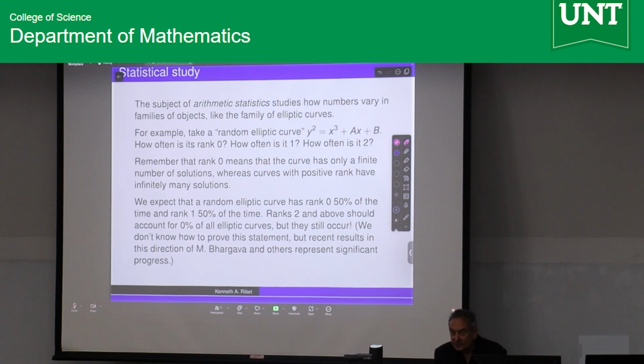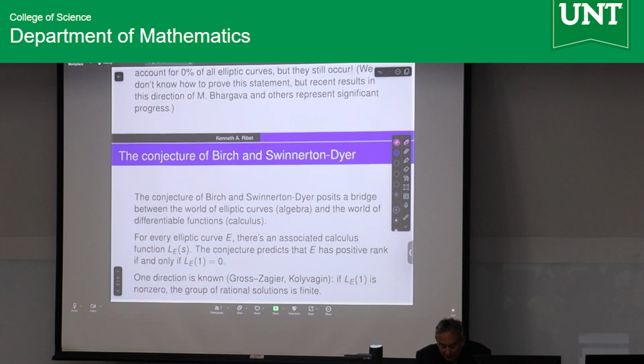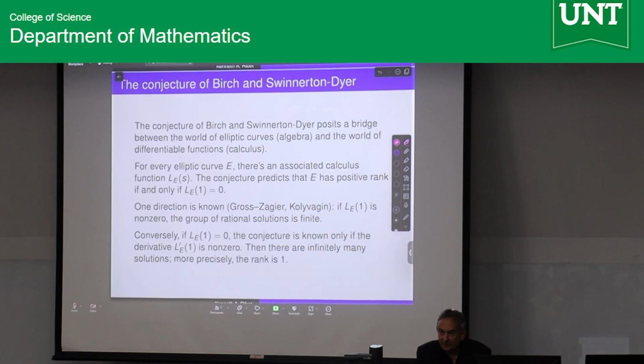And the person who's most solely responsible for recent work in the subject is Manjul Bhargava of Princeton, who's really revolutionized the subject. But in order to complete the story, I have to tell you that there is a conjecture that tells you about the rank.